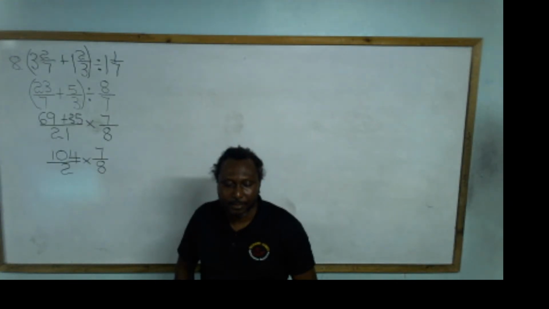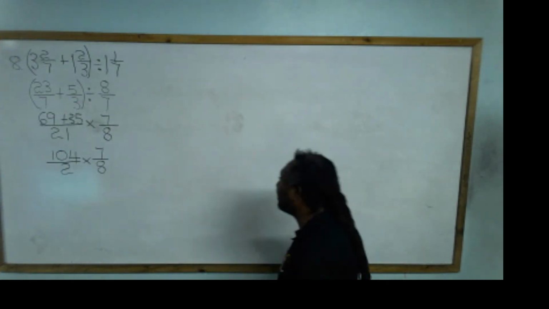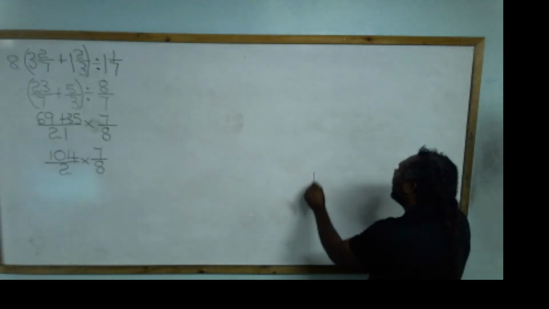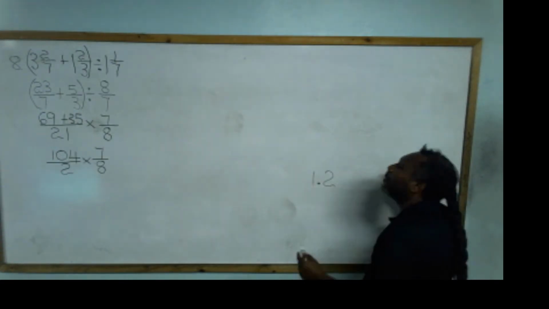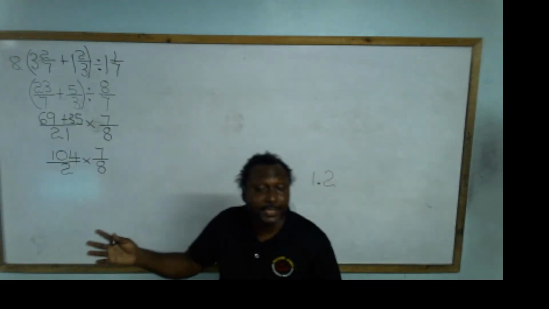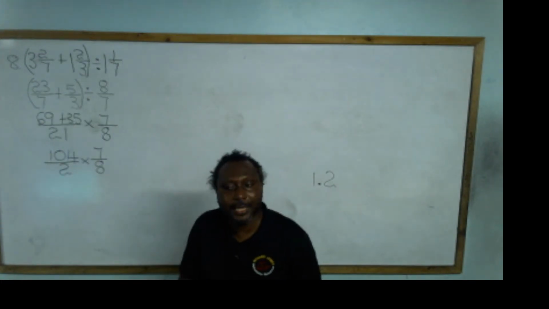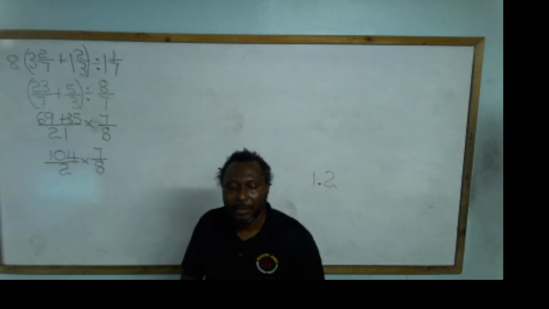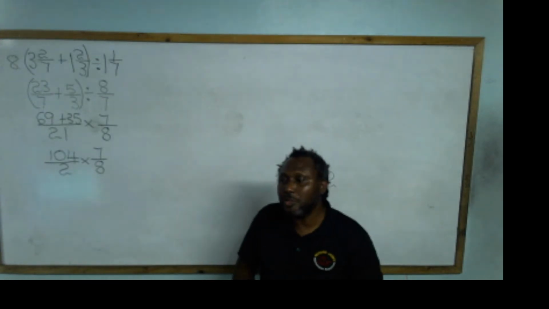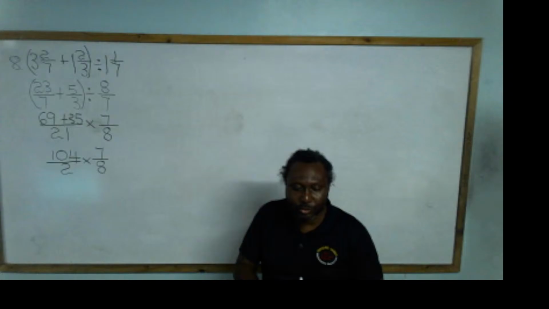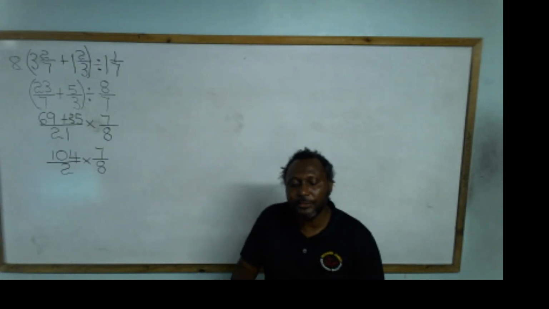So if you give a decimal, you must lose marks. It is a correct answer, but you have to follow instructions in the examinations. The greatest reason for students not doing as well as they should in an examination is failure to follow instructions.